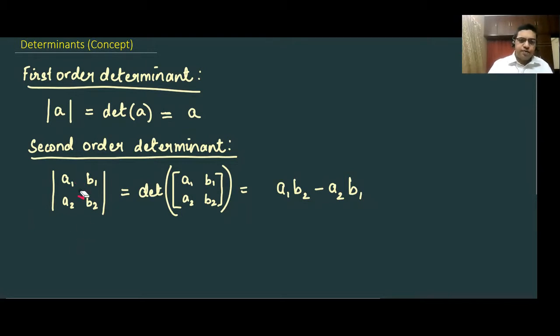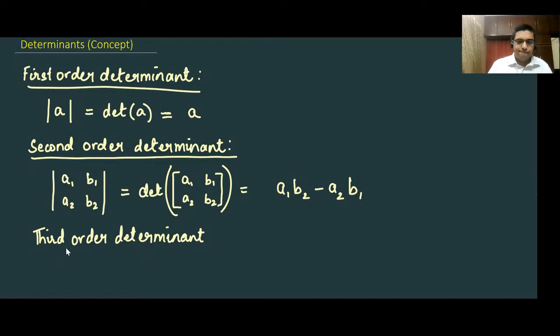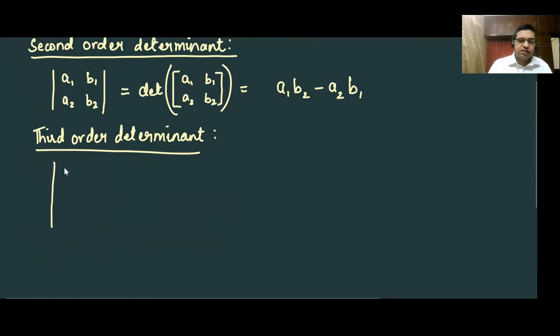So the third order determinant is a1 b1 c1, a2 b2 c2, a3 b3 c3.